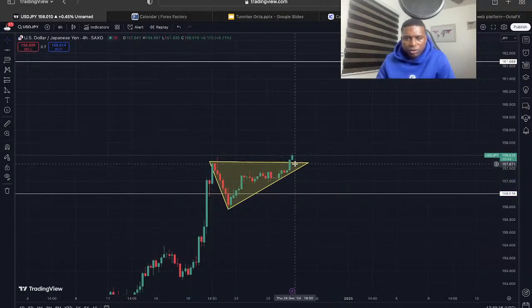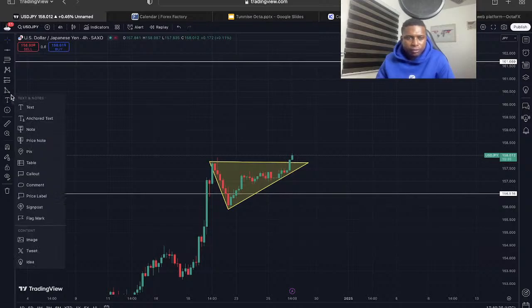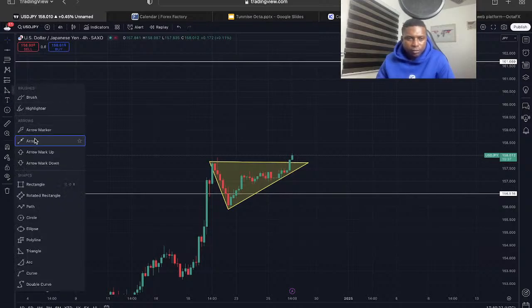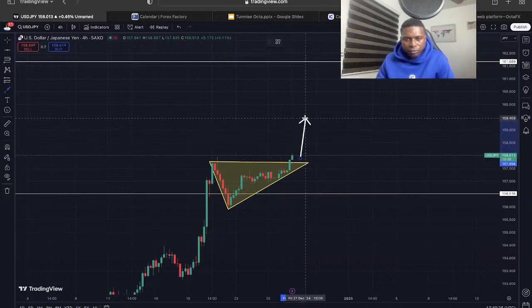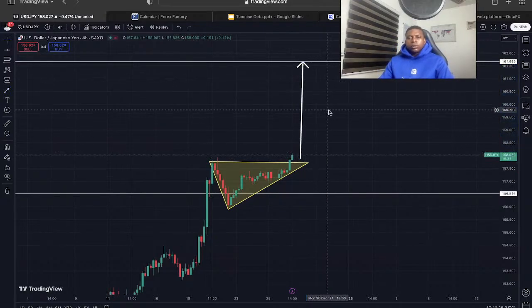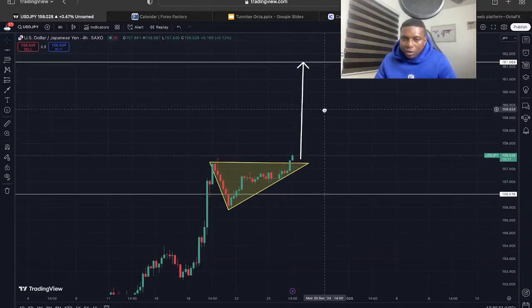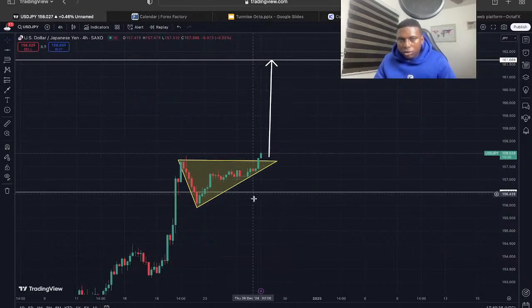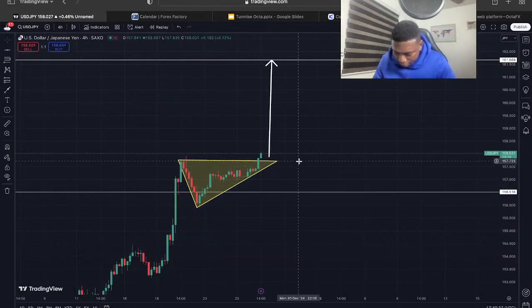A continuous price movement. So what do we expect from here? Boom. A continuous rally to the upside. That is what we expect to see on USD JPY. Alright? If you have any question, drop it in the comment section.